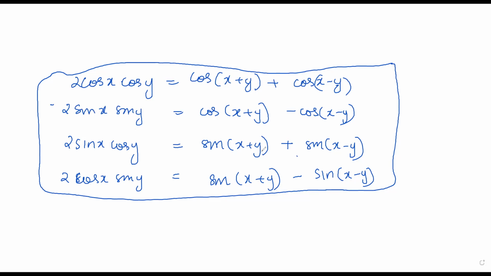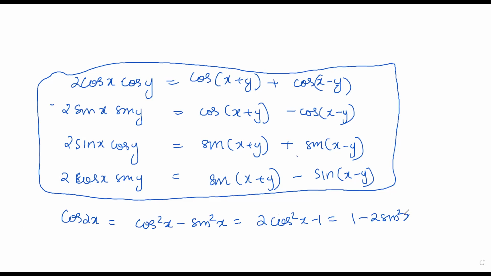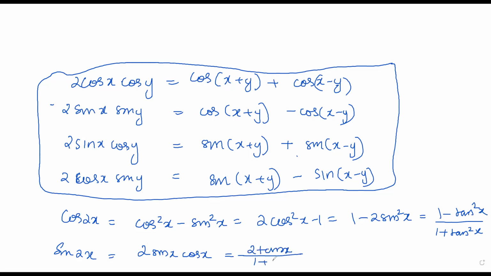Then I am also giving you the formulas for sin 2x and cos 2x. Cos 2x is equal to cos square x minus sin square x, which is again equal to 2 cos square x minus 1, again equal to 1 minus 2 sin square x, again equal to 1 minus tan square x by 1 plus tan square x. Learn this by heart. Next, sin 2x is equal to 2 sin x cos x, and in terms of tan, 2 tan x by 1 plus tan square x.